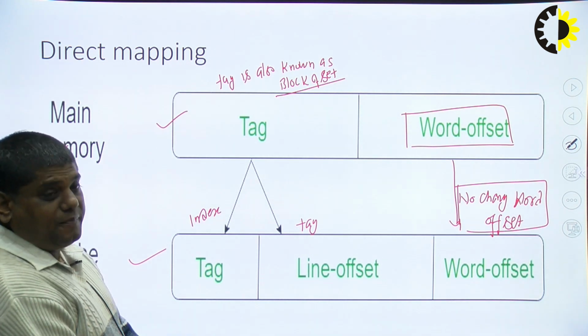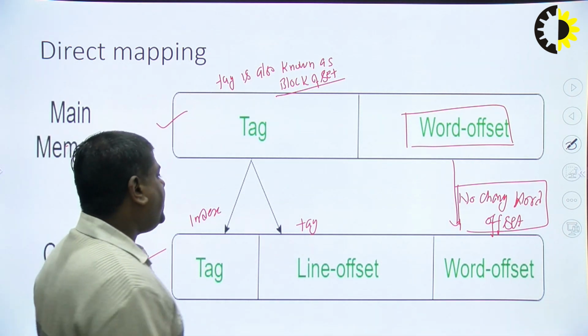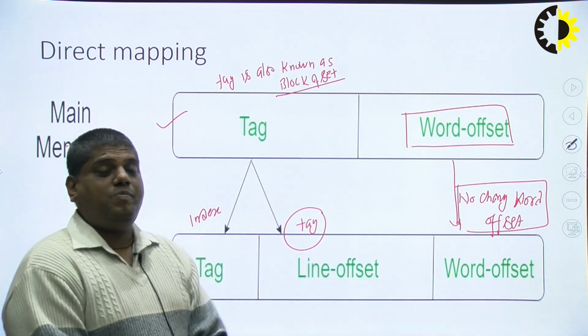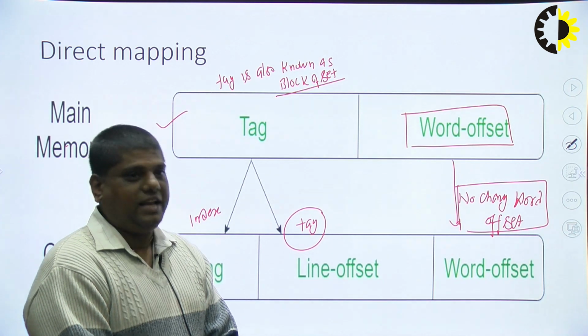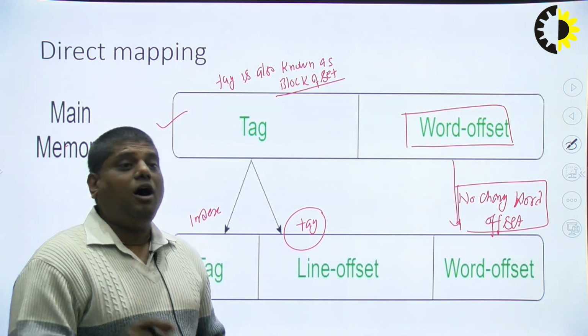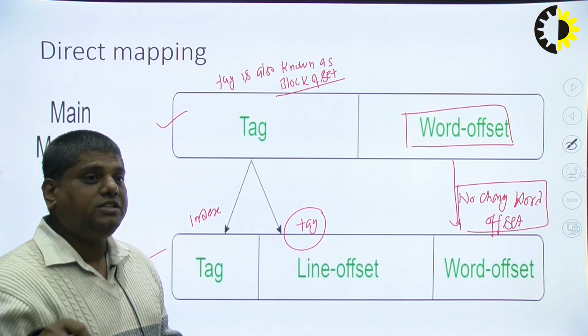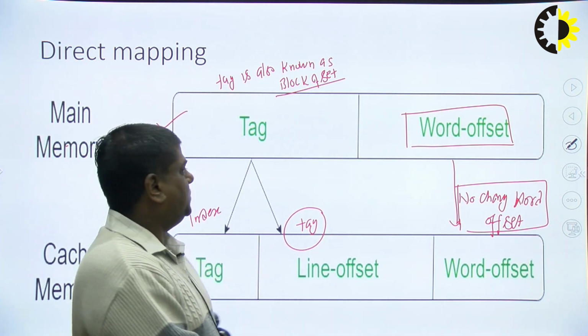What is the tag? The tag represents, in each block or line of the cache, how many blocks of the RAM are accumulated into the cache.